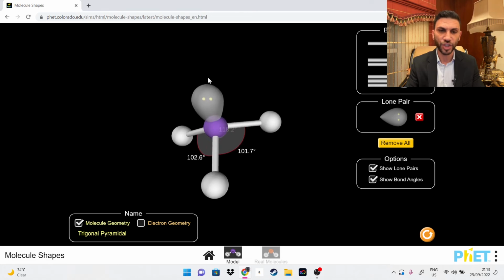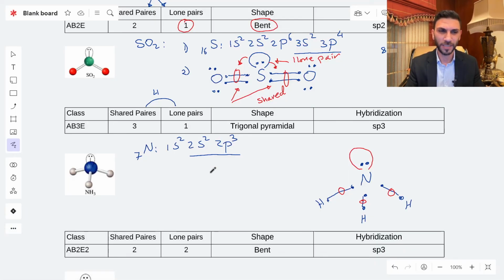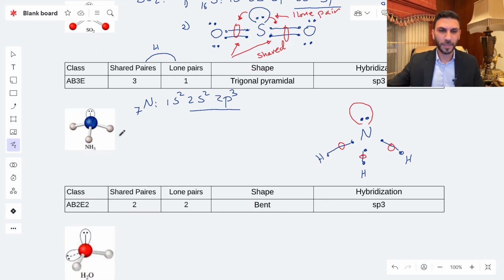You will see that the geometry is going to be trigonal pyramidal, as you can see. All right. Don't forget that the hybridization is sp3 because we have 3 shared pairs and 1 lone pair. That is 4 total pairs, and we need S, P, P, and P.